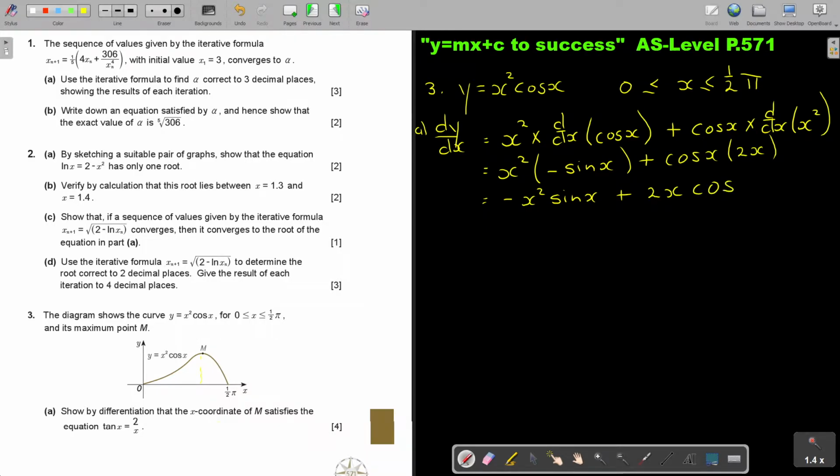Now, you say at the stationary point, dy over dx is equal to 0. So in the place of dy over dx, I'm going to put a 0.